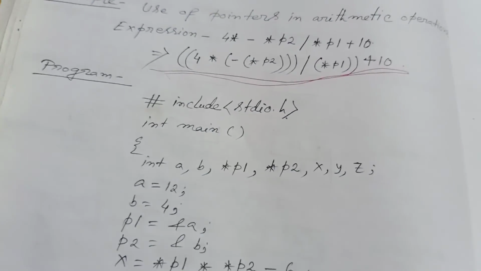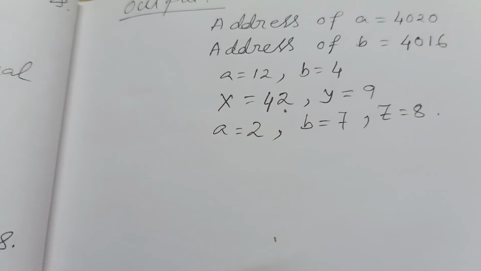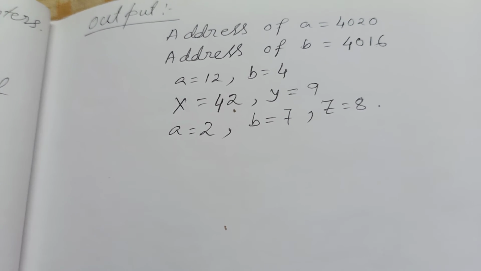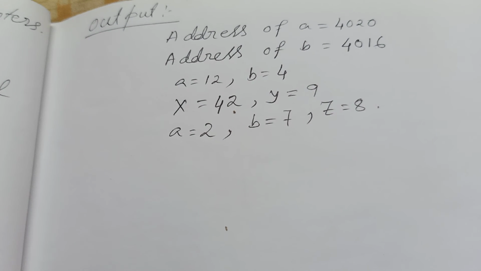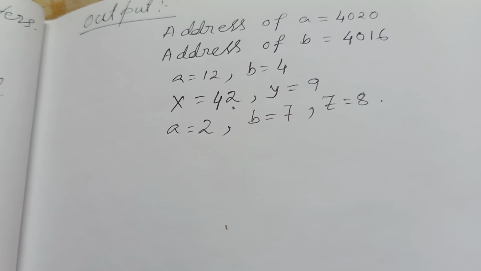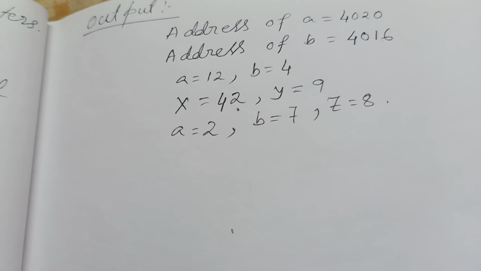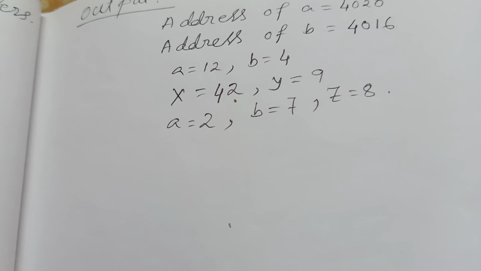So the output, let's take the output. Address of a equal to 4020, address of b equal to 4016, a equal to 12, b equal to 4. Then x equal to 42, y equal to 9.